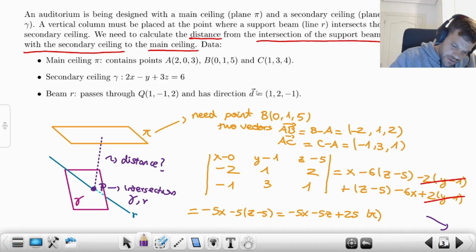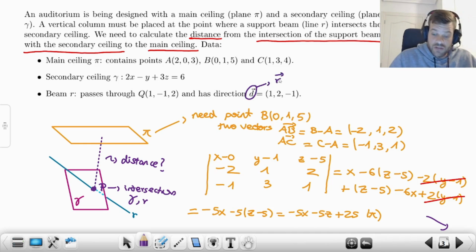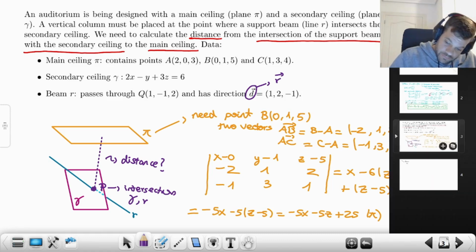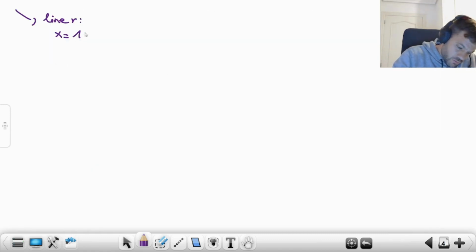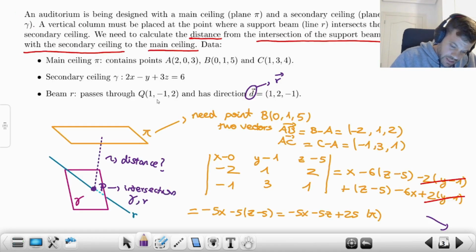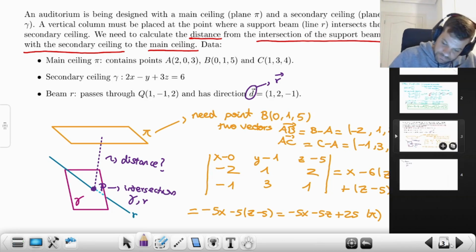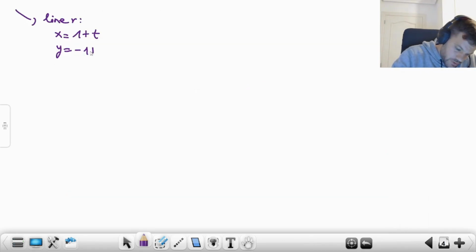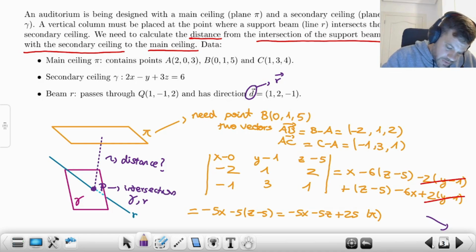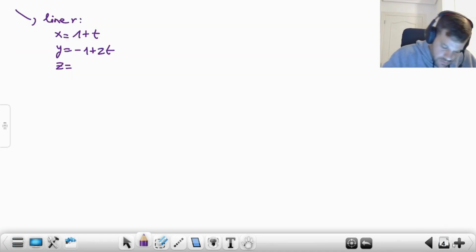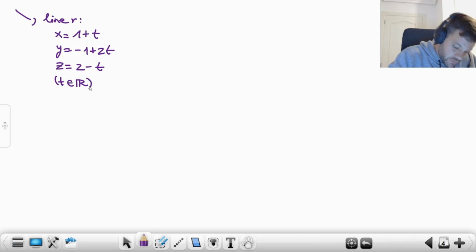If line R has direction vector D, then for the x component it's 1 plus t, for the y component negative 1 plus 2t, and concerning z it would be 2 minus t, and we claim that t extends for all real numbers.